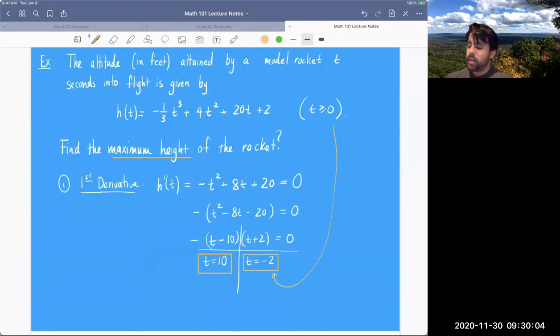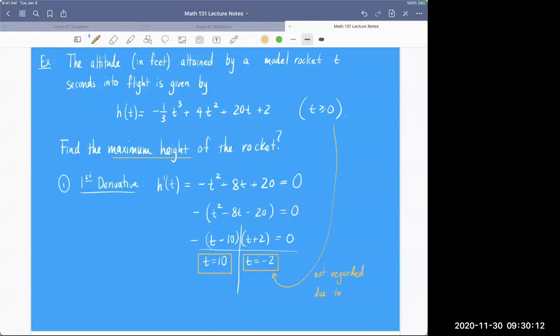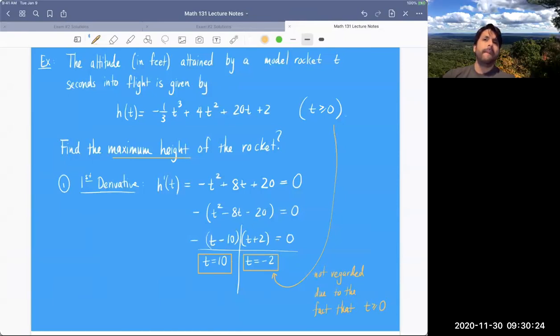So we say this is not regarded. It would mean negative 2 time-wise, before it even took flight. It makes no sense at all. It has no relevance to the problem.